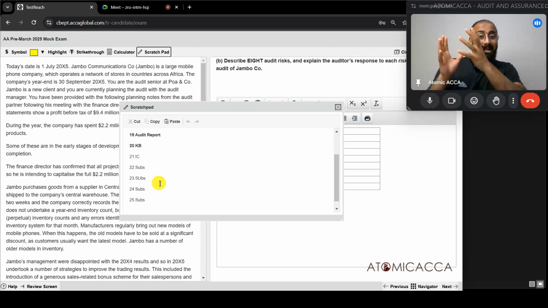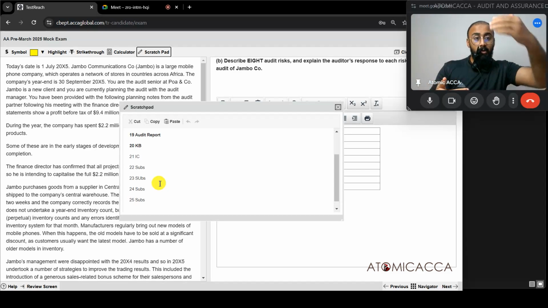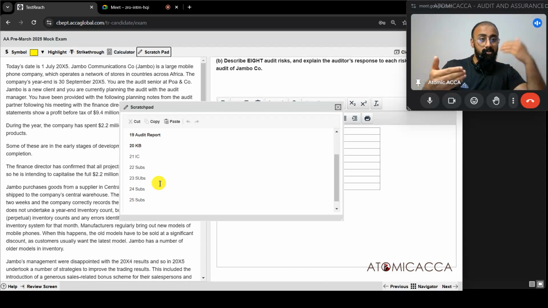Or, when you're reading a case study, since you have to read it anyway to do the box question, do the case study box question and substantive procedures simultaneously. Next case study, box question, substantive procedures. Next case study, if any box question is there; in our case it's not, so the last one will be all about substantive procedure. So this order can also be maintained to do the remaining part of the questions.